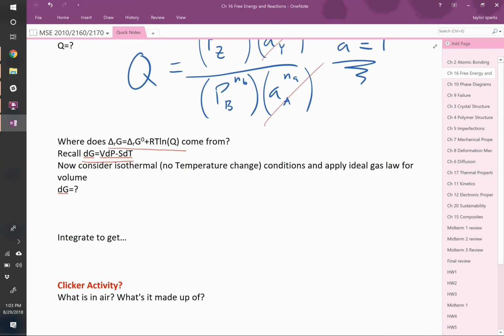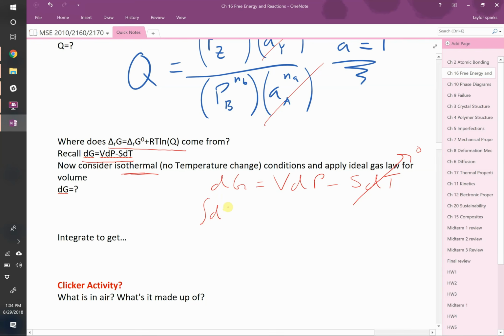And if you consider a reaction that happens where there's no temperature change, it's isothermal, then that dT term goes away. So we're left with just dG equals V dP minus S dT, but this goes to 0. If there's no change in temperature, that goes to 0. Okay? So then, if we wanted to figure out the change in free energy, we could integrate over this.